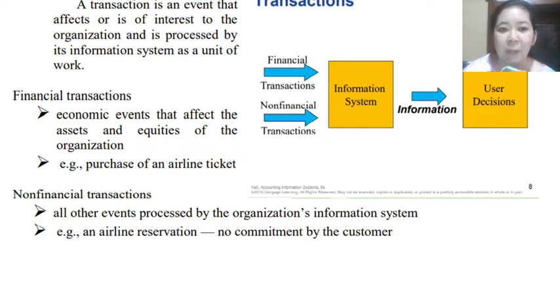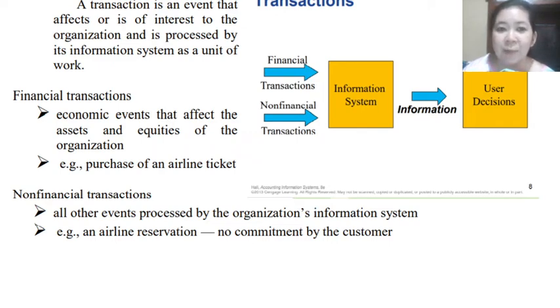What about our non-financial transactions? So these are all other events that are processed by the organization's information system. Okay, so all other events aside from the financial transactions that take place in an organization, and the data here are also being processed.